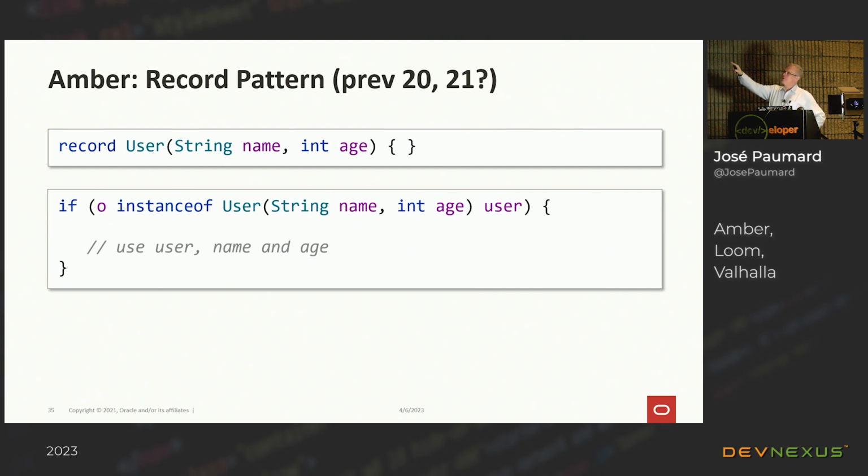By the way, the value that is put in name and age is obtained from the record by using the accessors. So if you have some defensive copy in the accessor, the defensive copy will be called to give a value to name and age. Yes, question?